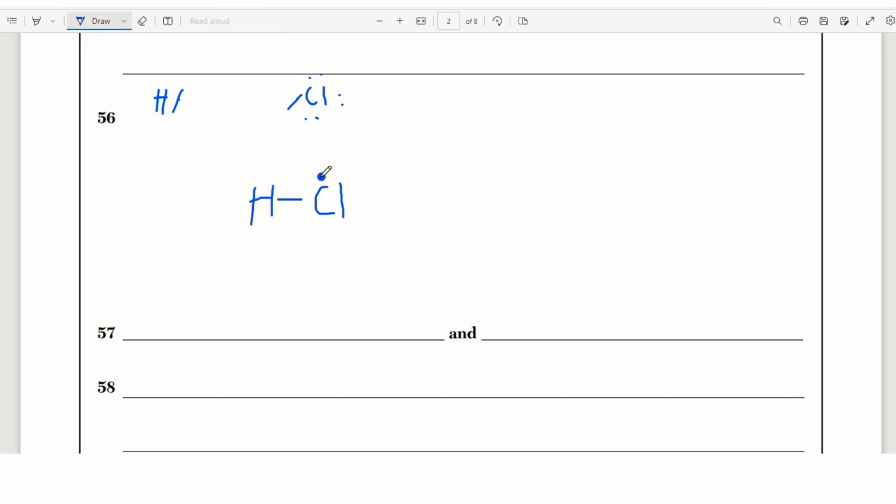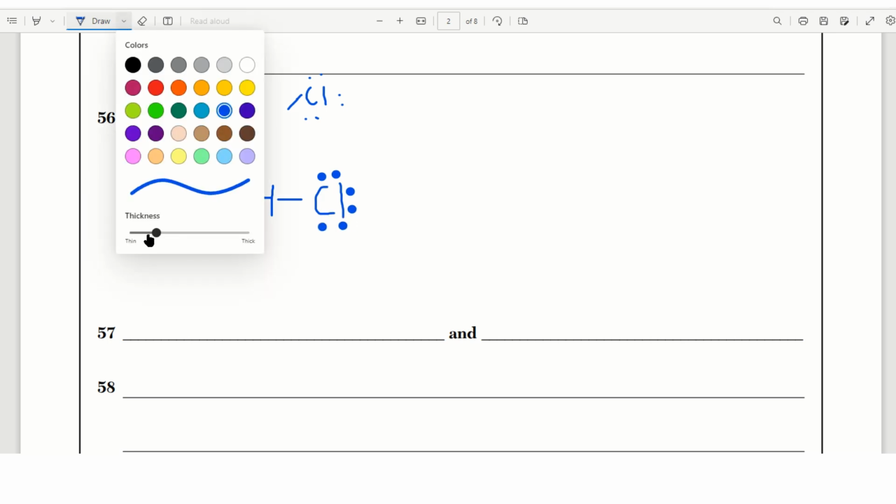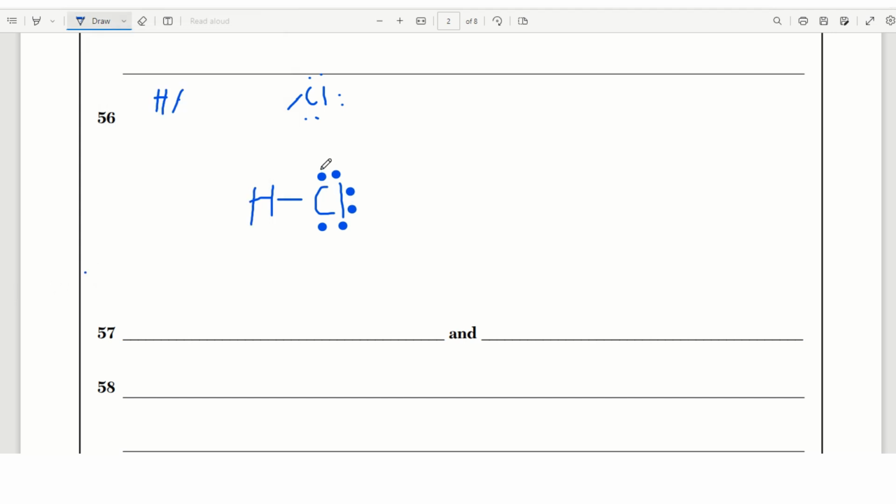All right, so 1, 2. Look at that. Okay, so why does that work? Because each of the elements, like chlorine, needs 8 around it. So if we count them, 1, 2 on the top, 3, 4 on the side, 5, 6 across the bottom, and then 2 in this bond makes 8. Hydrogen only needs 2, so it is done. There we go. There's the Lewis dot. Okay.